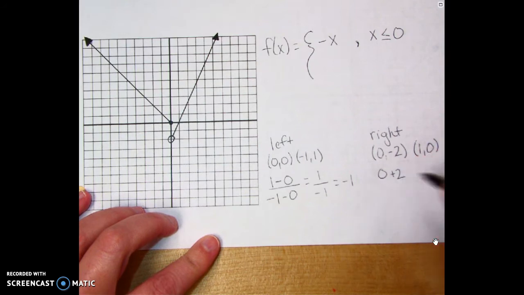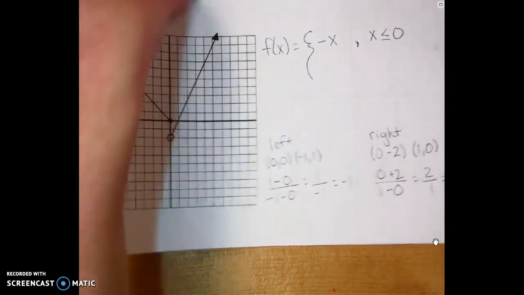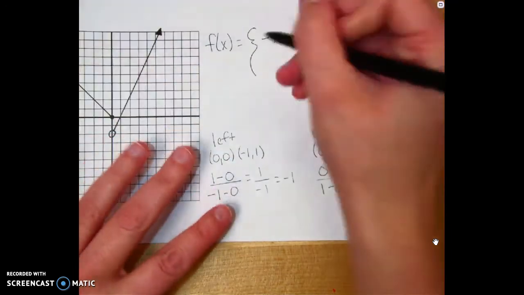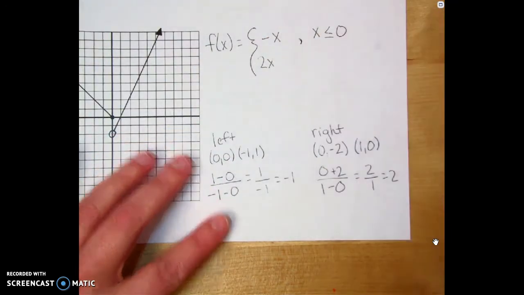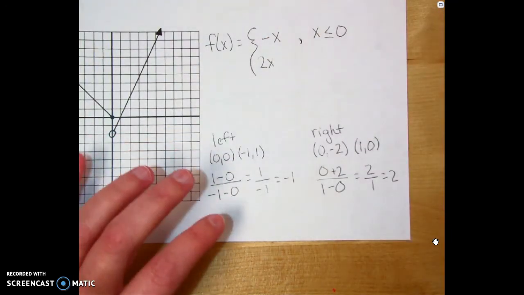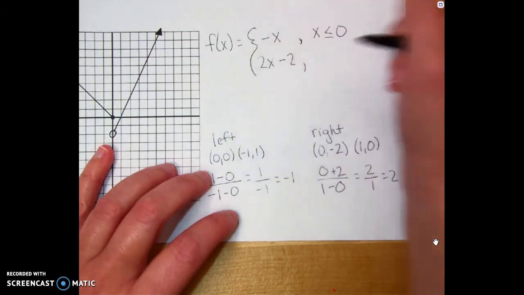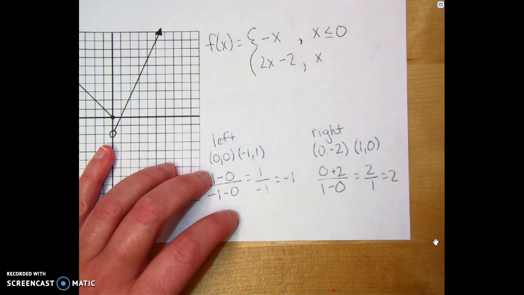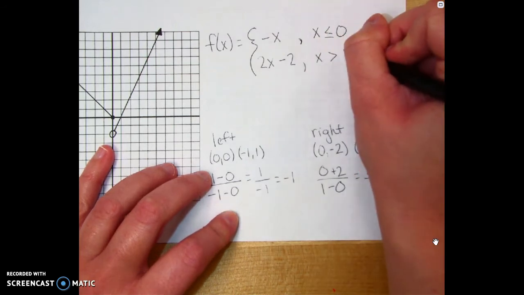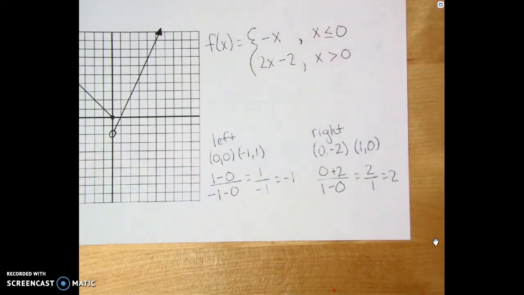That's the same thing as saying 0 plus 2 over 1 minus 0. So slope is 2 on that one. Did you get 2? So this one is 2x. And what's the y-intercept? Negative 2. So minus 2. What's the inequality? There you go.